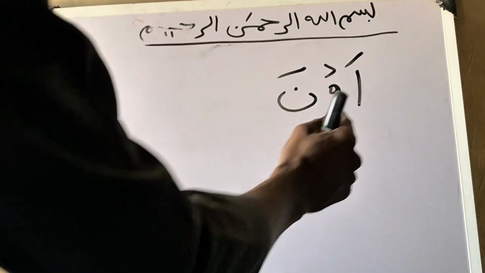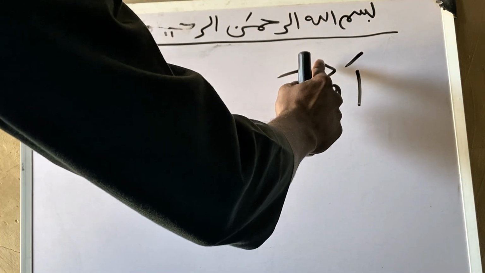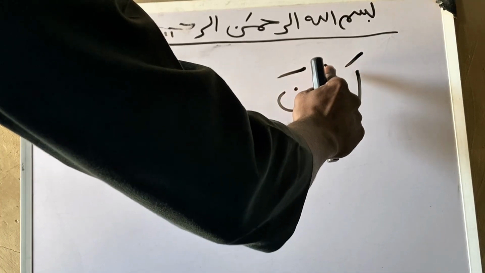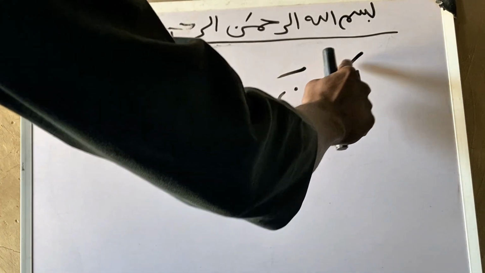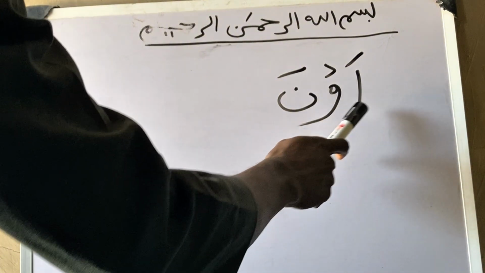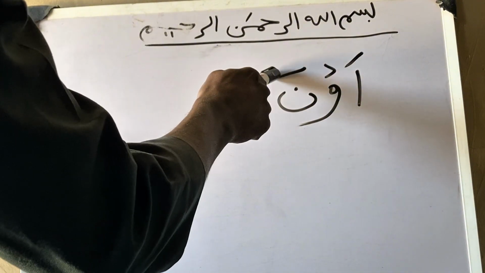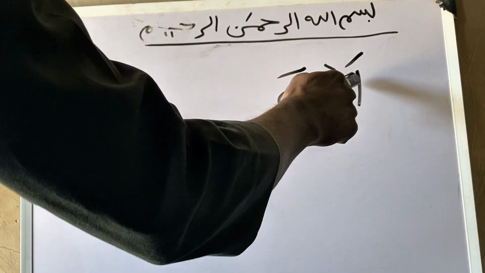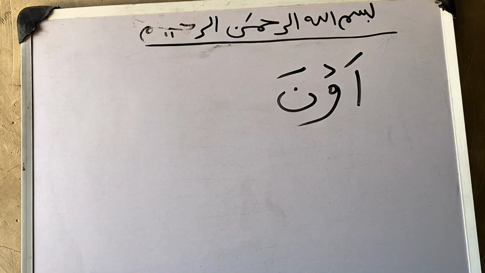You can say Alifun Fatha, Wa'un Sukun. This is what we call Sukun. Alifun, Wa'un, Sukun: Aw. Nunun Fatha: Na. Aw, Na.